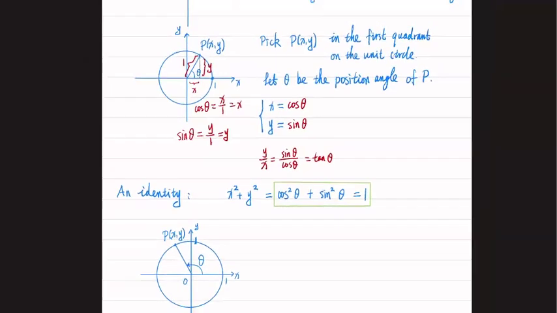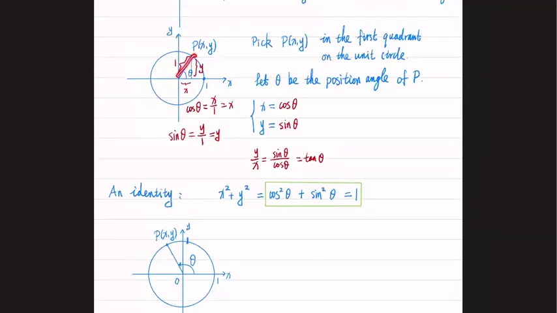For points in the first quadrant, the angle will be between 0 and 90 degrees.